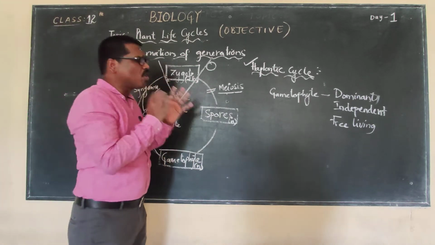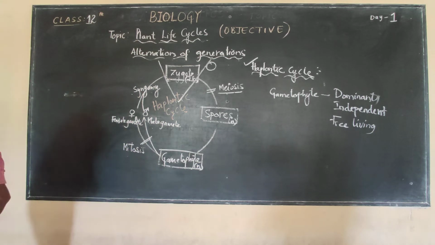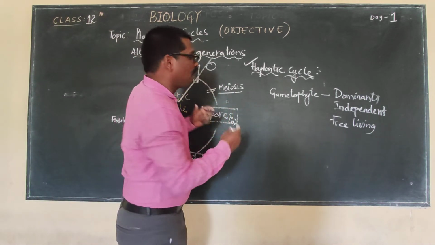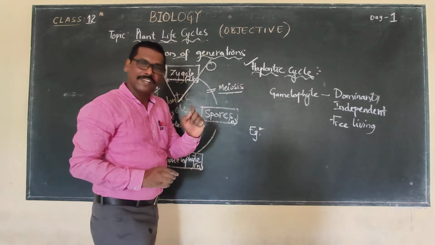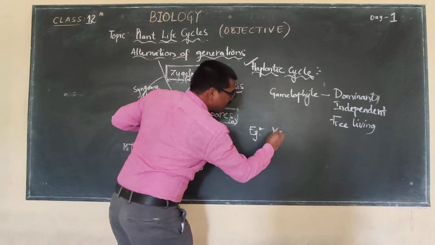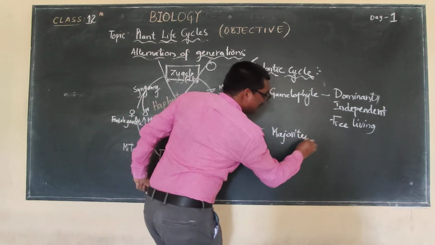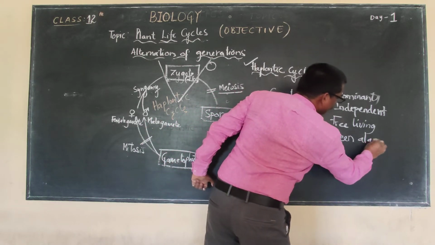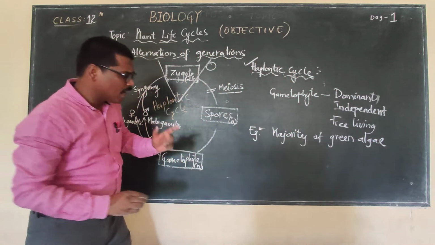So which are the most important plants that undergo the process called the haplontic cycle? The best examples showing the haplontic life cycle are the majority of green algae. What are those examples?